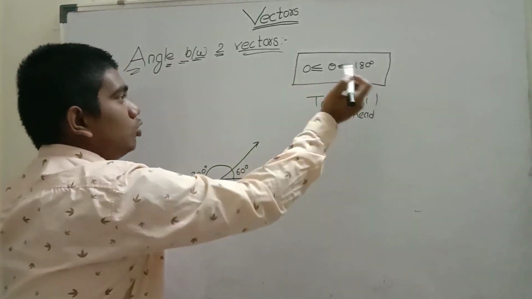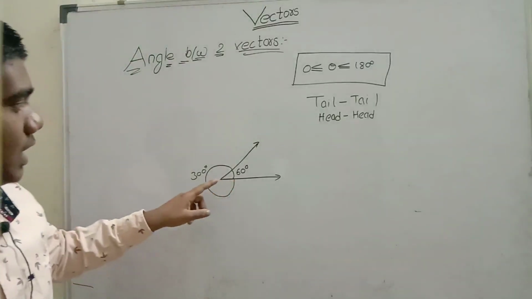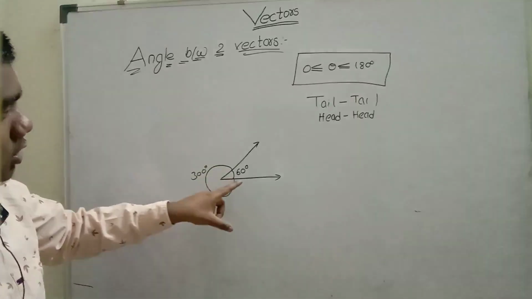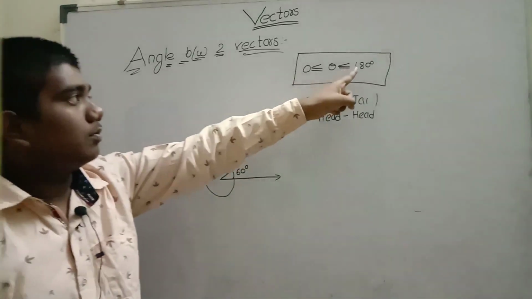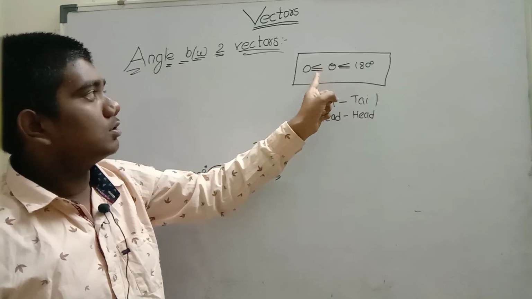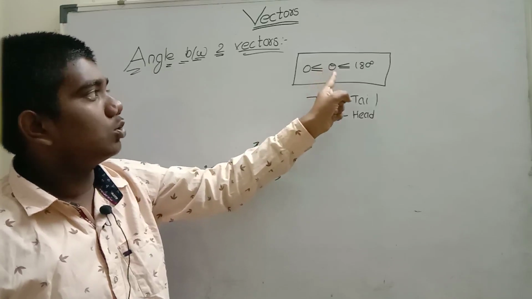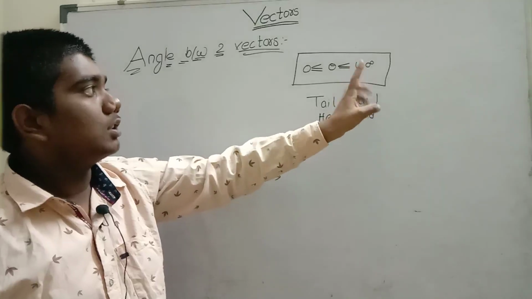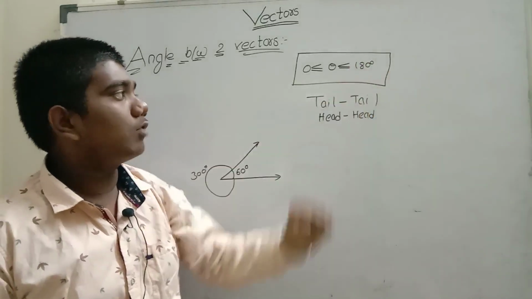Now we will see which angle is correct, which angle we can take, either 300 degrees or 60 degrees. Here we already wrote that 0 degrees is less than or equal to theta, which is less than or equal to 180. That means it should not increase more than 180.